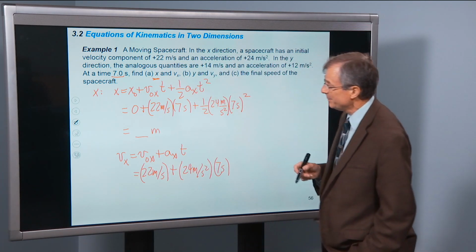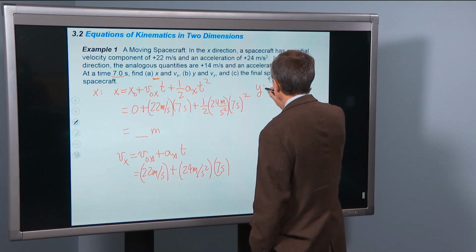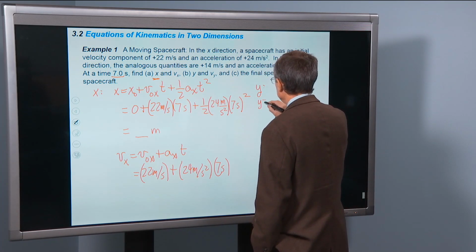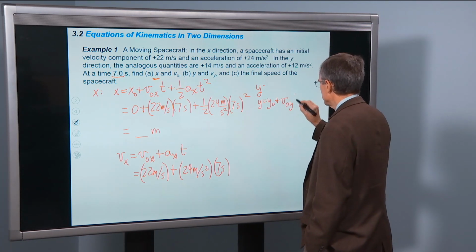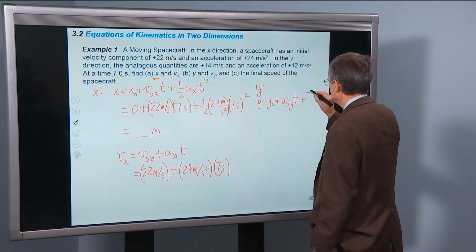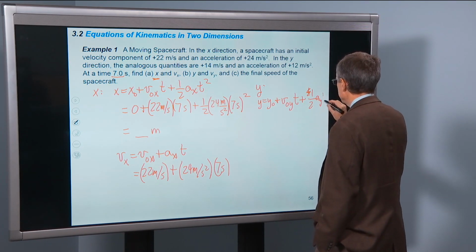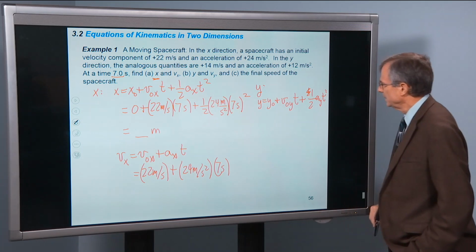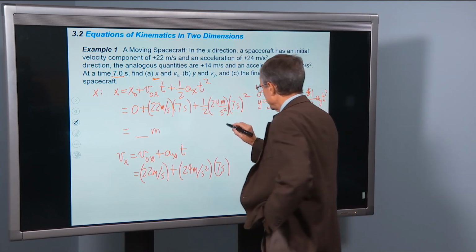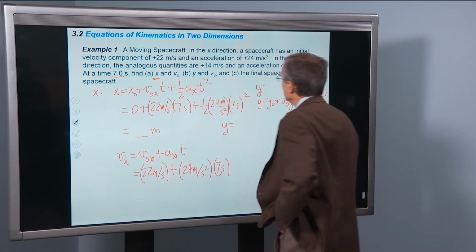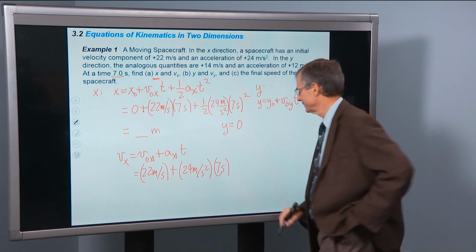Then we're going to do the same thing in the y direction. Y equals y naught plus v naught y t plus 1/2 ay t squared. Plug the numbers in. I'm running out of space here. Let me write this a little bit bigger. Y equals y naught. Well, why not?